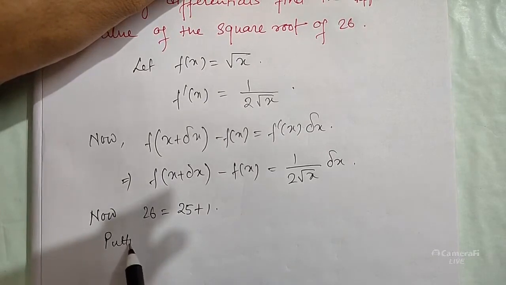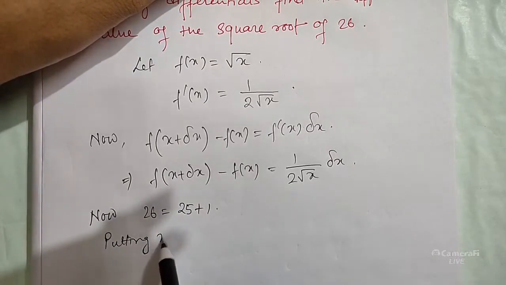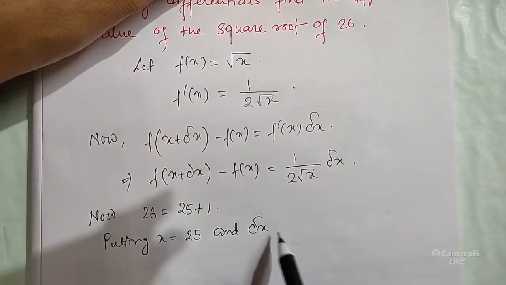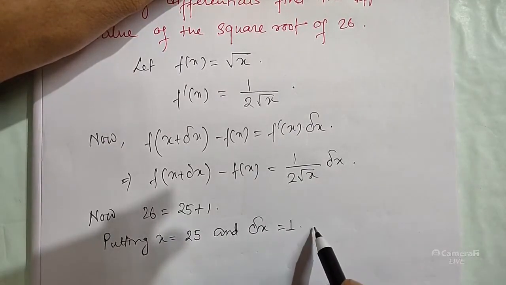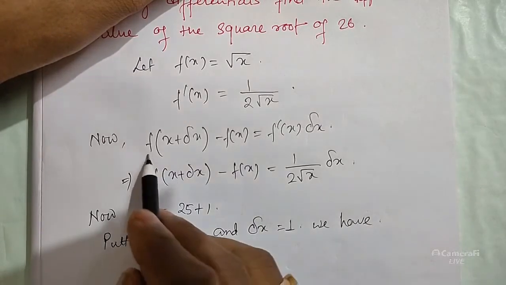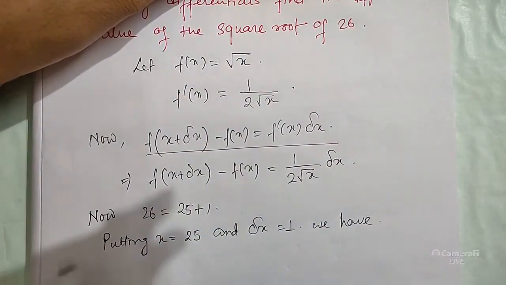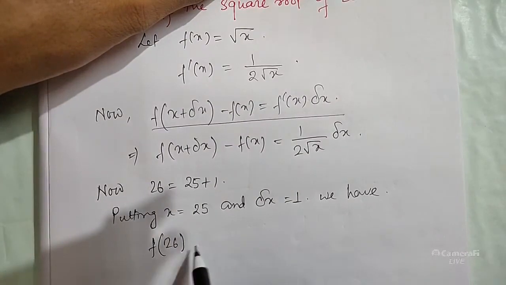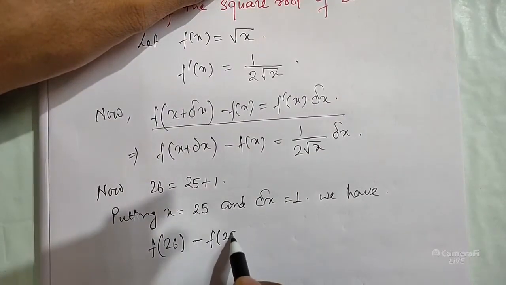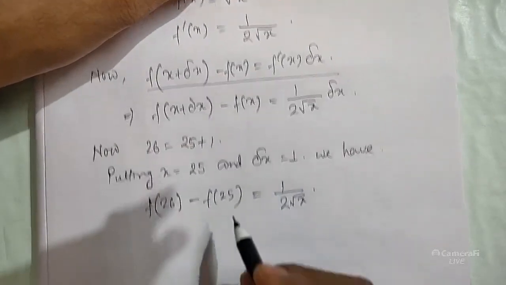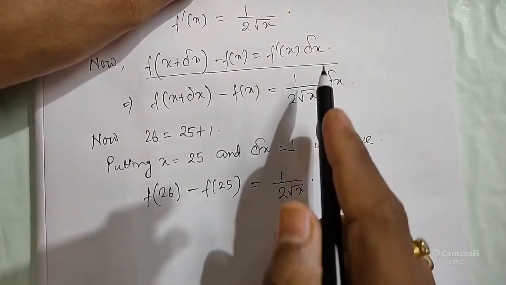Now putting x = 25 and Δx = 1, what do we have? We have f(26) − f(25) = 1 by 2 root x, because Δx = 1.